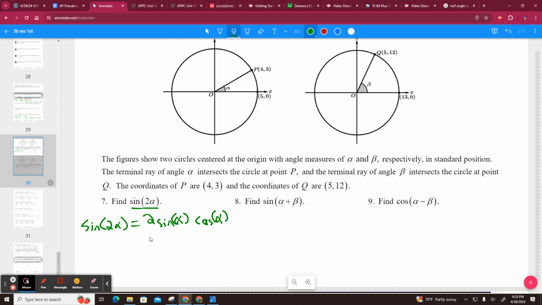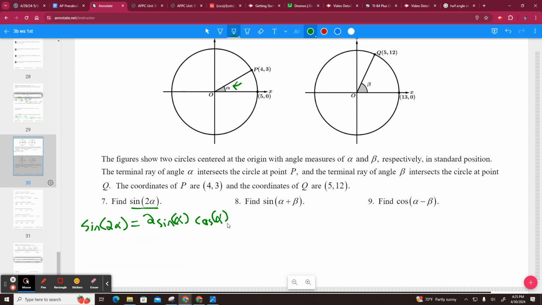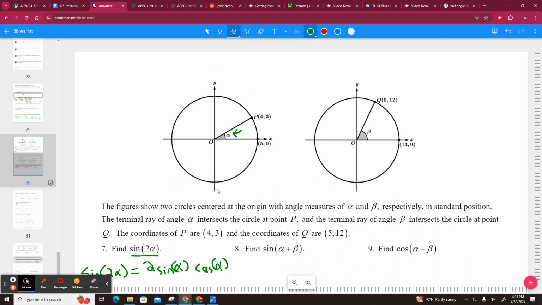And then, so to do this, I can look and say, well, in this case, alpha is right here, and I can find sine and cosine and tangent. So I need sine of alpha and cosine of alpha, which is going to be, sine of alpha is going to be y over r. So sine is y over r. So right here, my y is 3 and my r is 5. And my x is 4.